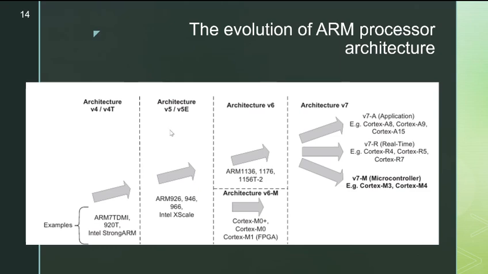Again, this is the evolution of ARM processor architecture from ARM architecture version 4, 4T, version 5, 5E, version 6, version 7. So in version 7 we will be having three types of profiles, that is based on microcontrollers, real-time profile, application profile.